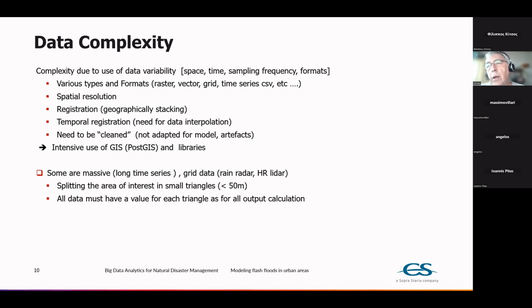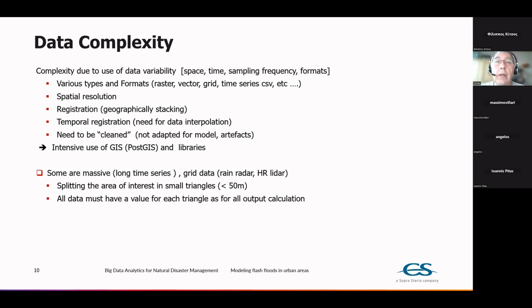Why? Because to represent the water flow, we have to divide the surface, mainly the streets, into small triangles to calculate information at that level of precision, in order to produce something coherent with reality. If you have a larger grid, you're going to mix very different objects on the ground.